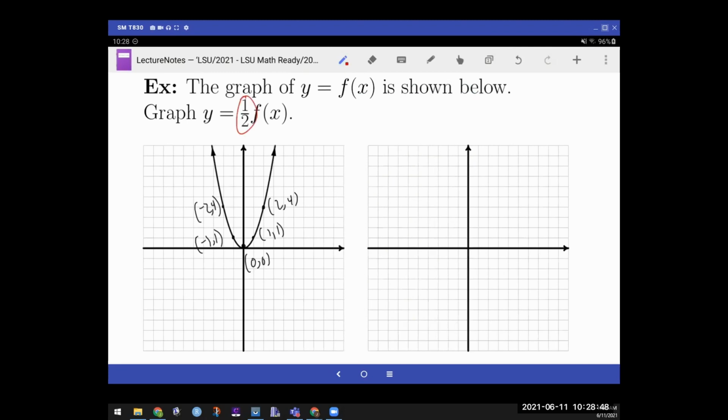You're multiplying those y value outputs by a half. So if I do that with these points, I will get 0, 0, because half of 0 is 0. This would become 1, 1 half. This one becomes negative 1, 1 half.